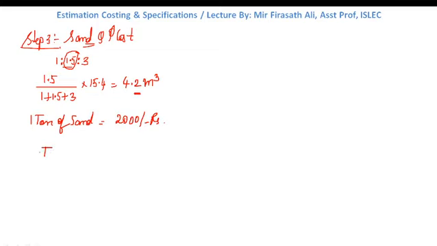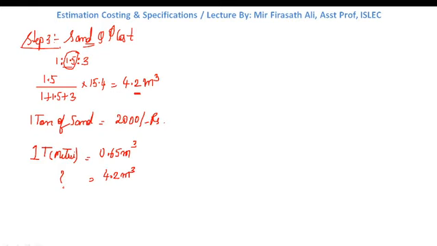1 ton, we call it a metric ton, is equal to 0.65 meter cube. So now 4.2 meter cube is equal to how many tons?